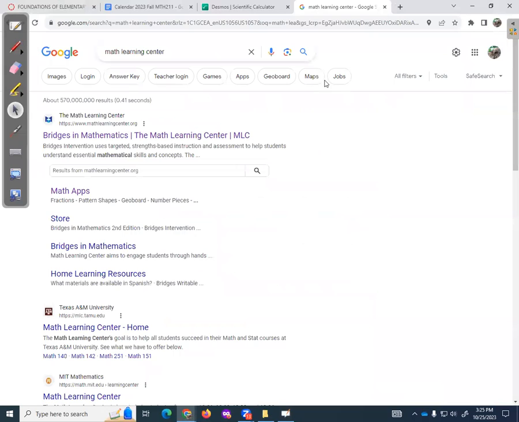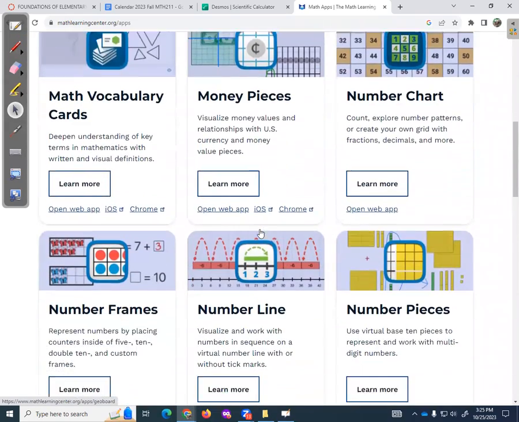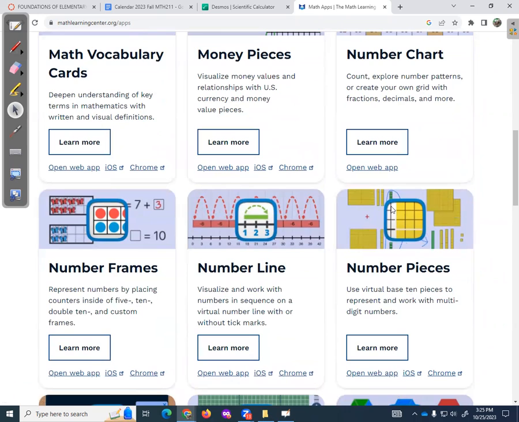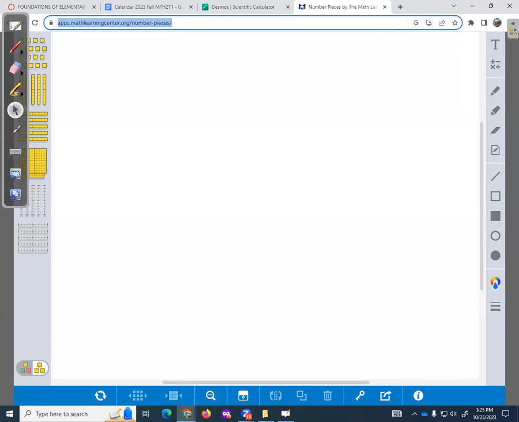I'll put this link in the chat and in the video. So I want the Math apps. And I want the number pieces. Chat is the link.